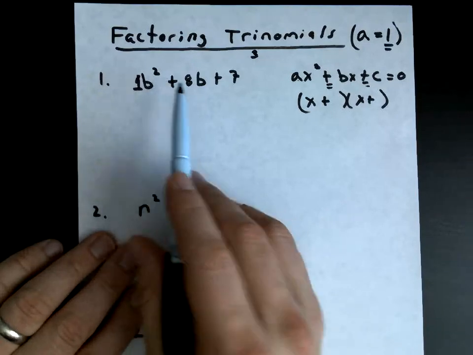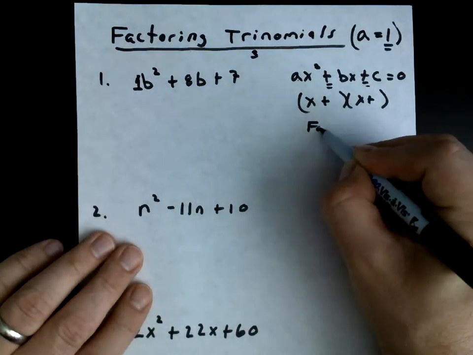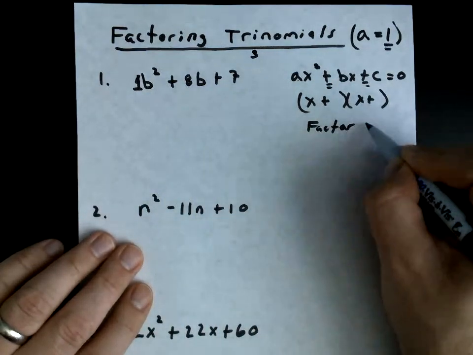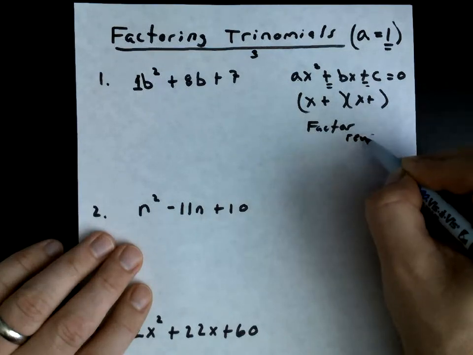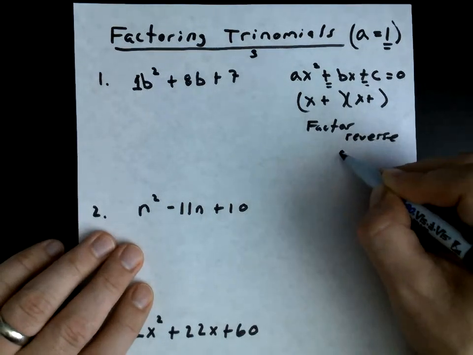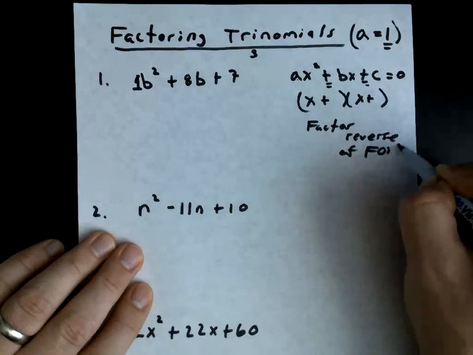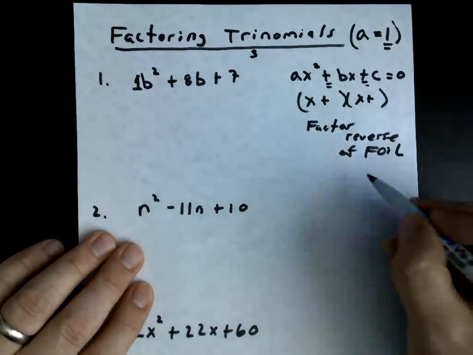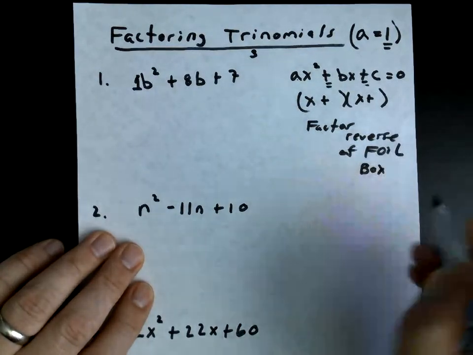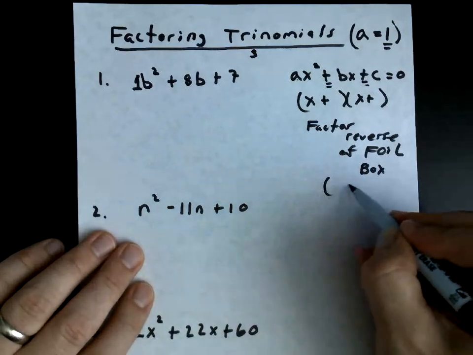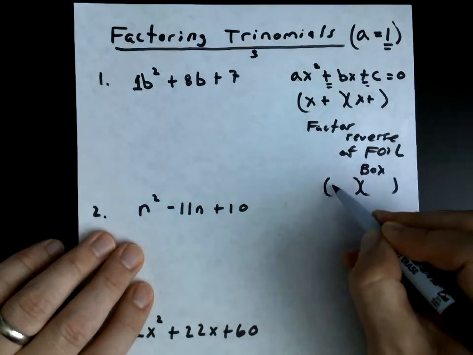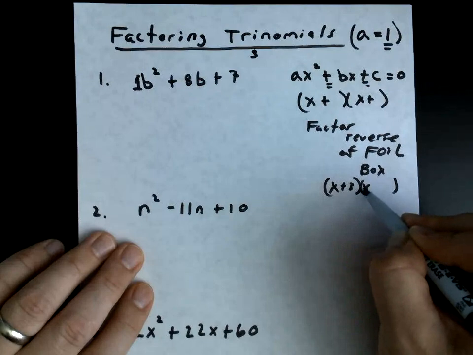So factoring really means the reverse. Reverse of like FOIL, or maybe you know the box method. The box method is a way to kind of take two binomials and maybe do something like this.